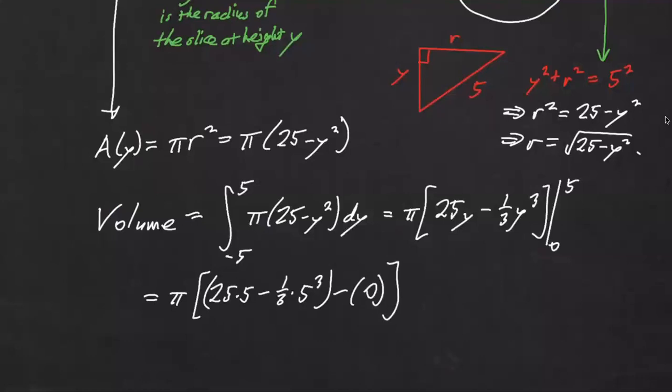You could be a little bit slick here by thinking of this also as a 5 cubed. So I could pull a 5 cubed out. So this is really pi times 5 cubed times 1 minus 1/3.